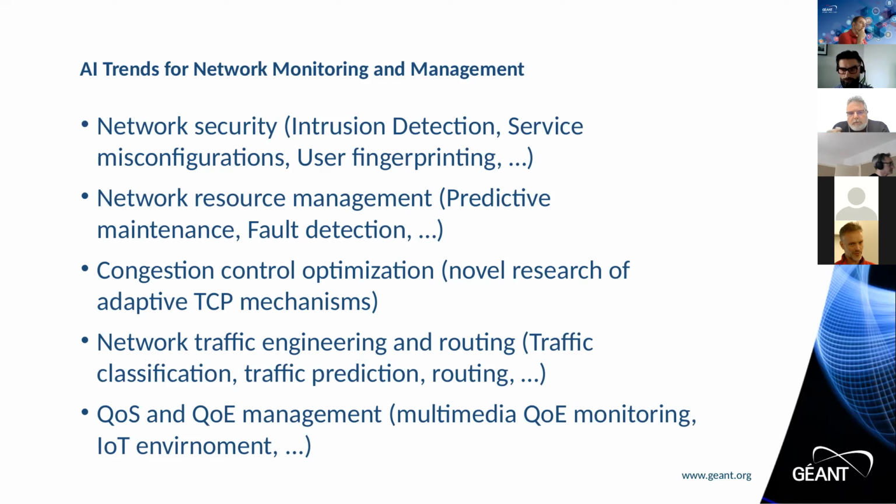Those are obviously some areas of interest. Also, lots of papers are dealing with congestion control optimization, and there are lots of novel adapted TCP mechanisms, and of course, network traffic routing and classification, traffic prediction, quality of service, and quality of experience are recent buzzwords, let's say.